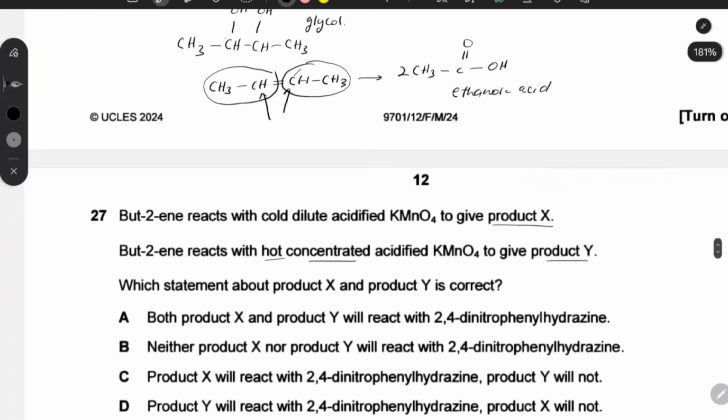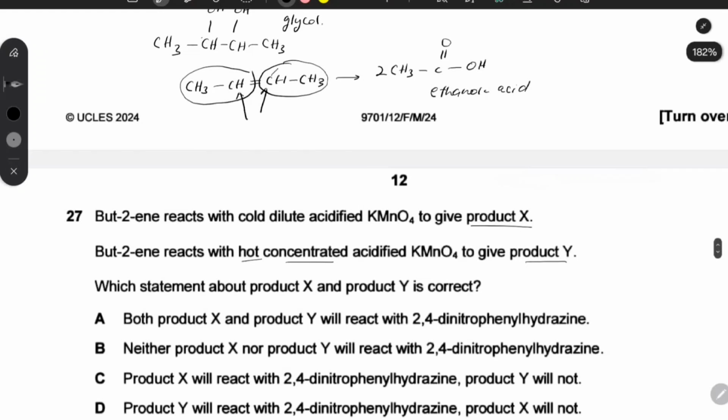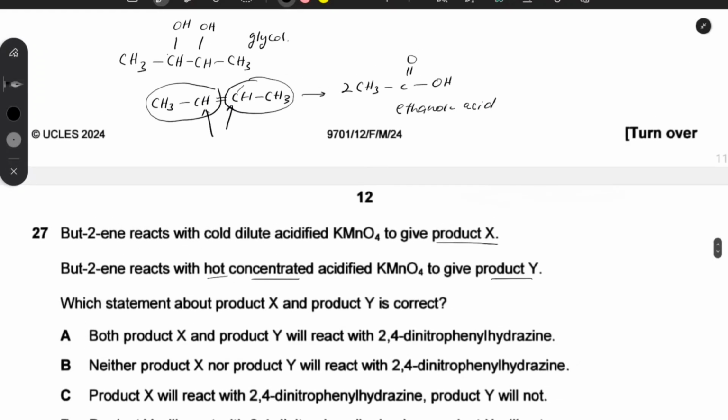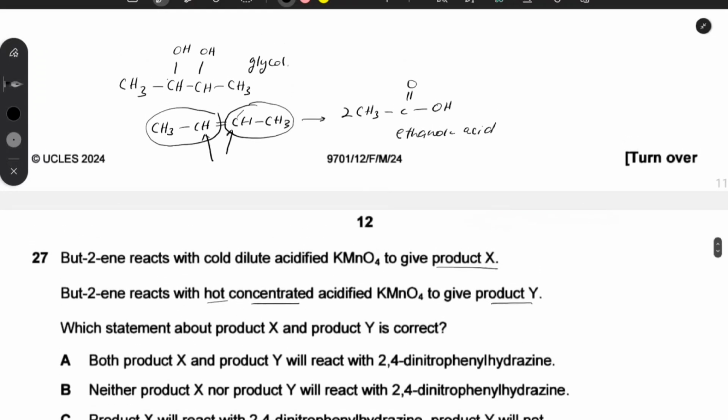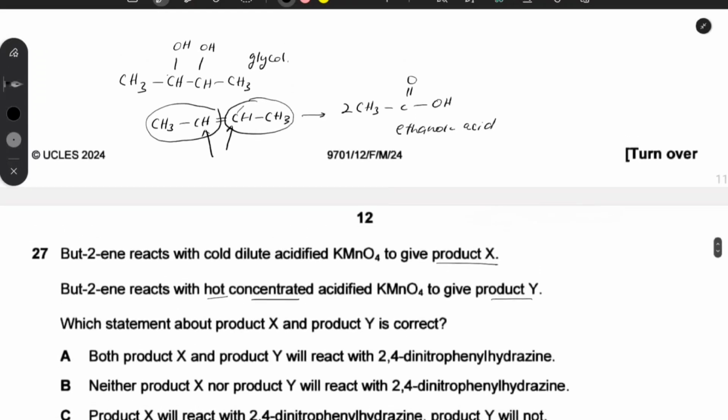Now, which statement about product X and Y is correct? Both product X and product Y will react with 2,4-dinitrophenylhydrazine, 2,4-DNPH. So do you think that both product X and Y can react with 2,4-DNPH or not?